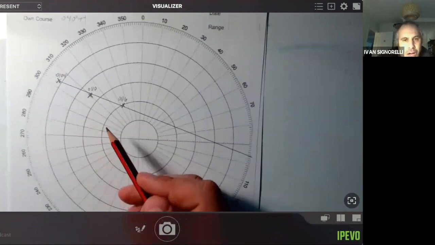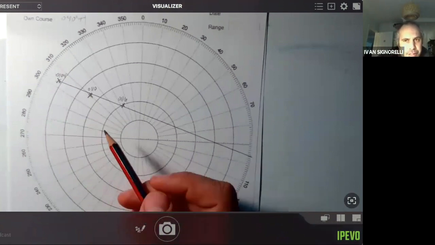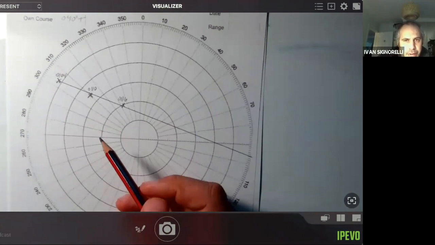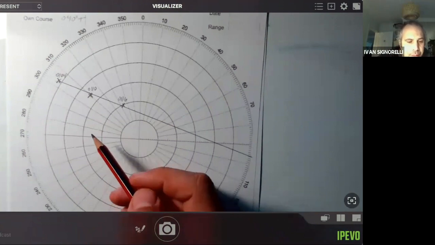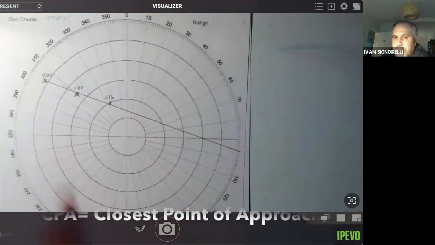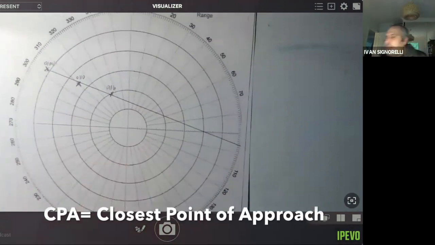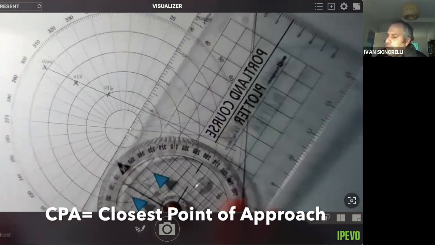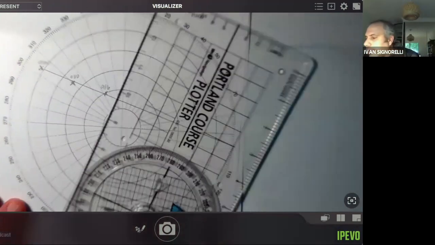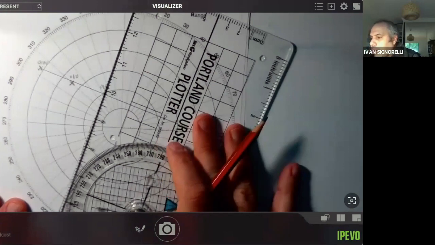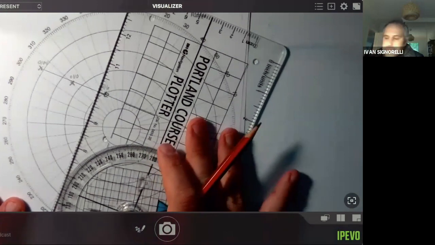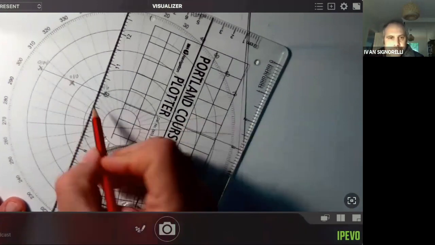But then we want to find out how close we are going to pass to this particular target. So we're going to calculate its CPA. In order to calculate the CPA, we're going to find the point on this line using our ruler. We're going to put the ruler at 90 degrees to that line like this. So we want a 90-degree angle here.